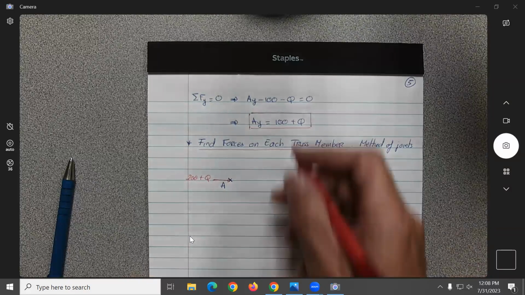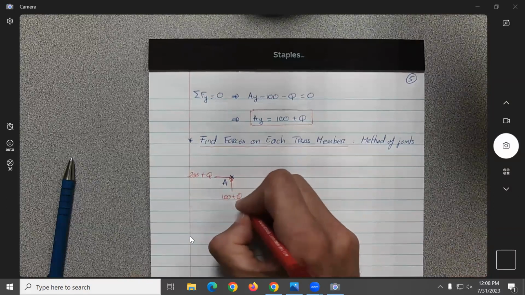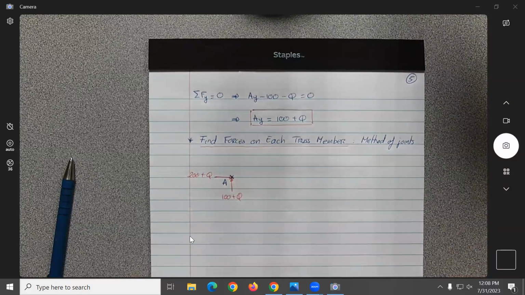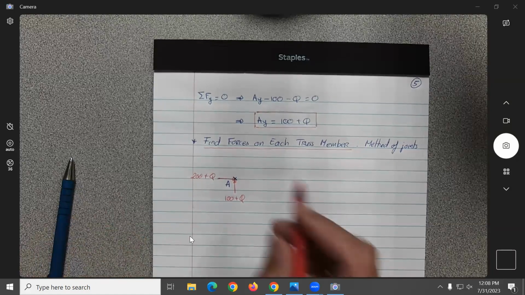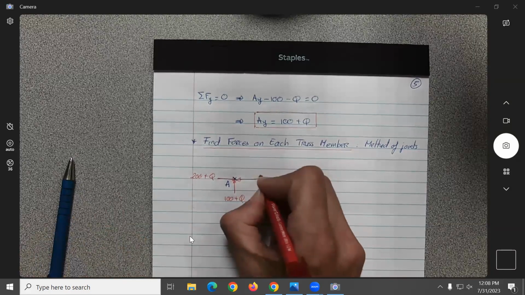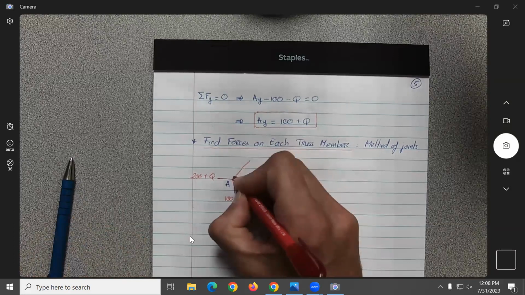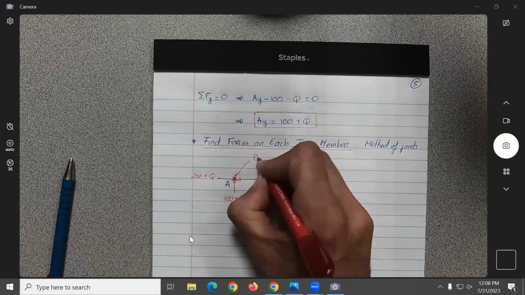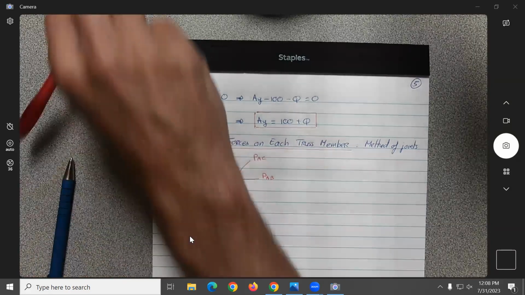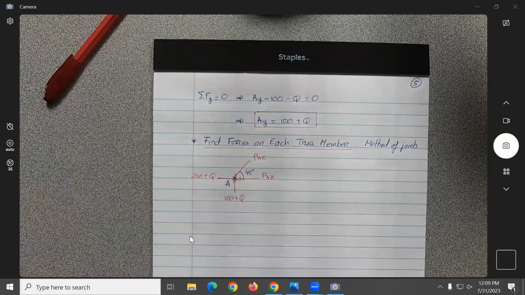Yeah, it's right on top, so 100 plus Q. And now, what I like to do is I like to assume positive just on the axial direction. So let's say this will be equal here to P AB. And this will be here P AC. And what we know about the angle is 45 degrees, no?